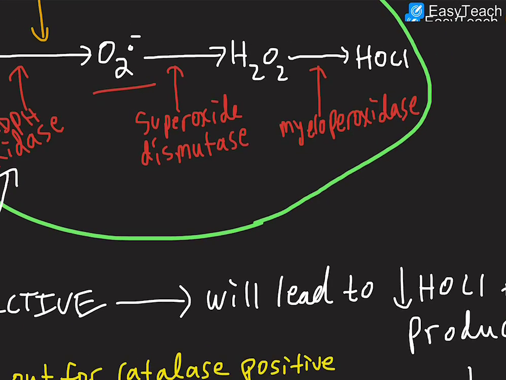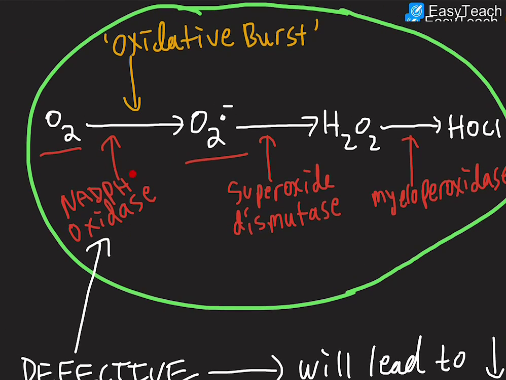So what does that mean then? If this enzyme is defective, then you can never take oxygen and convert that to superoxide. Therefore, you can't take superoxide and convert it eventually to bleach, through the conversion of hydrogen peroxide first, then to bleach. So if you can't do this step, then the steps downstream will not be able to occur either.